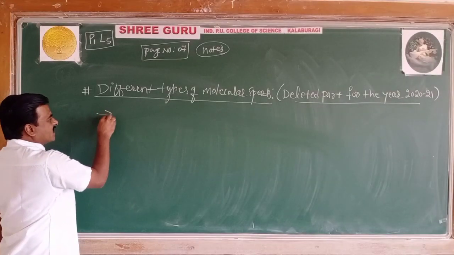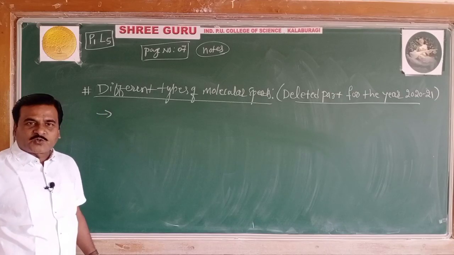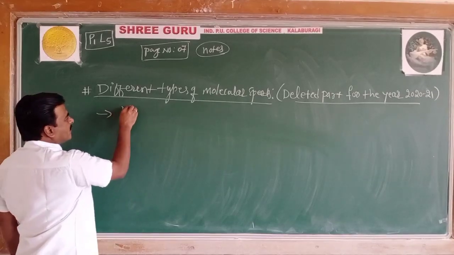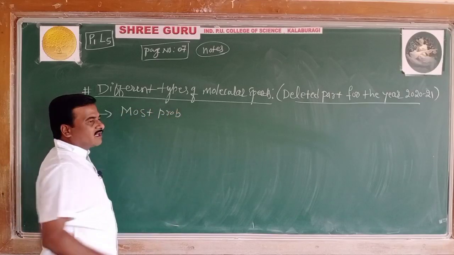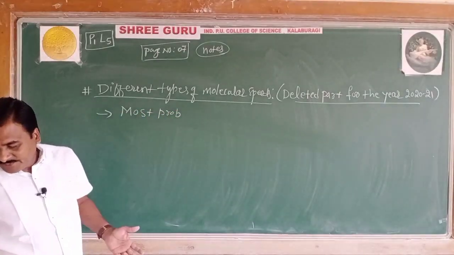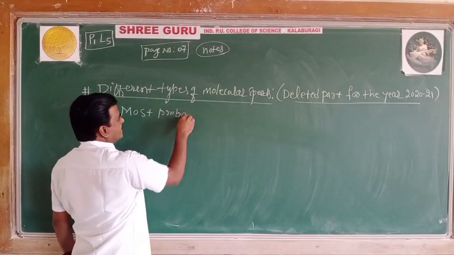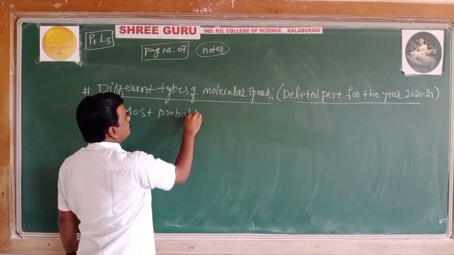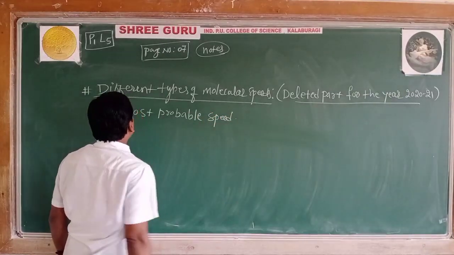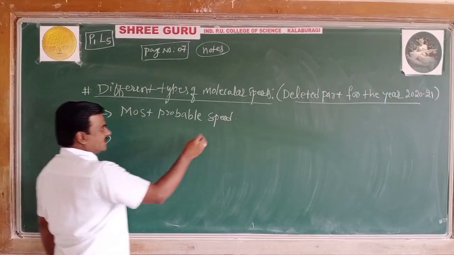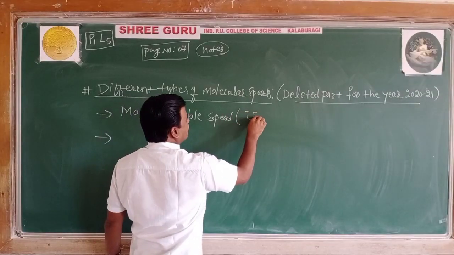There are 3 different types of molecular speeds, dear students. One is most probable velocity, or most probable speed, indicated as UMP.